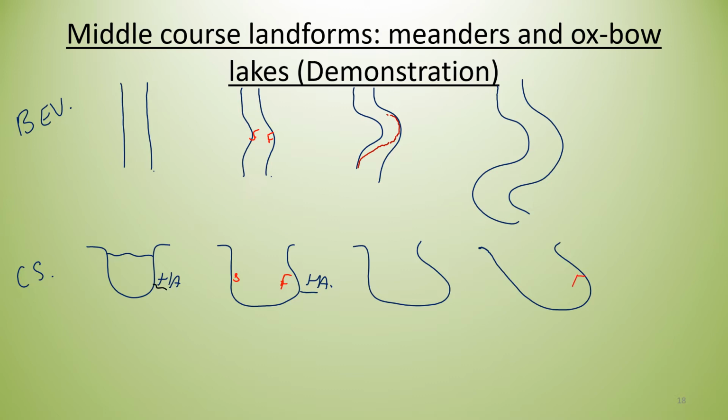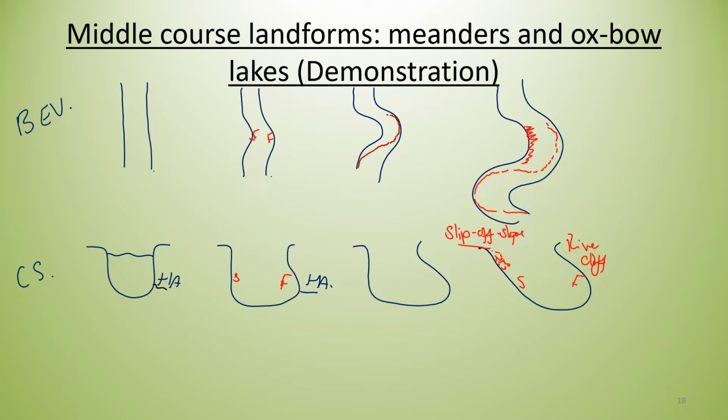So we've got the fast flow here, we've got the slow flow here, and because it's flowing slowly, all the material will be deposited there, and this is what creates a slip off slope, whereas on the other side we have a river cliff. And you will get that slip off slope here, and that fast flow, this is the fast flow will be on the outside, slingshotting in, creating subsequent meanders.